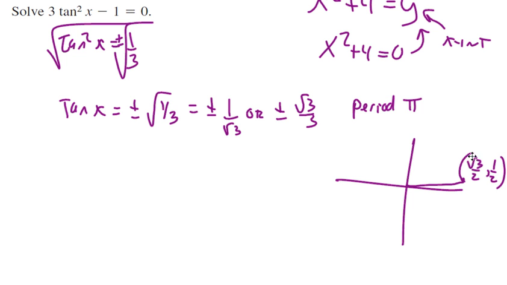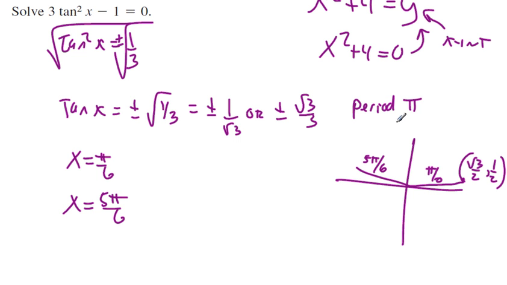So if I do y over x, 1/2 over radical 3 over 2, you would get 1 over radical 3, which is pi over 6. So that's going to be our first answer: x equals pi over 6. And we have another one. When you have 1 over radical 3, you go on the opposite side over here, and that's going to be at 5 pi over 6. Okay? So 5 pi over 6.